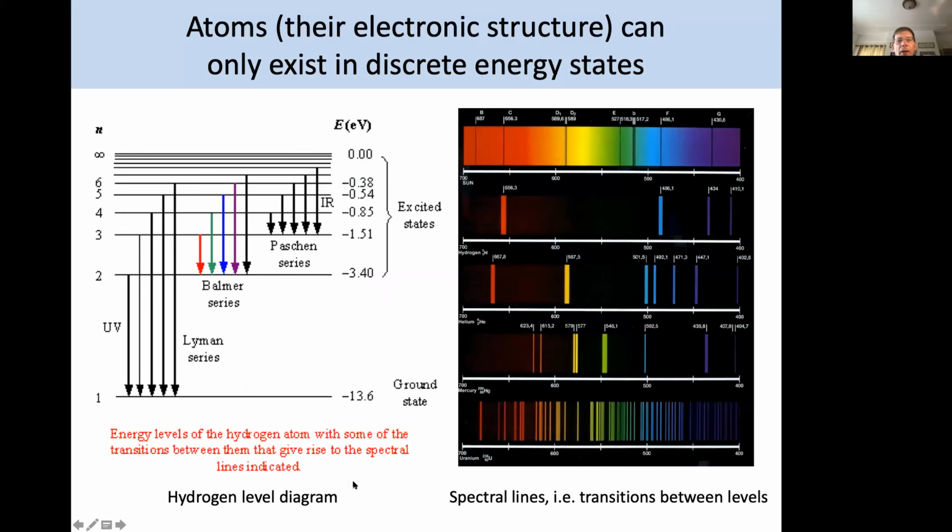I think you know enough from your basic studies, even in high school physics, even if you've not taken a great deal of basic science, to know that when you look at the atomic spectra of atoms, in general you do not see a continuum of frequencies.